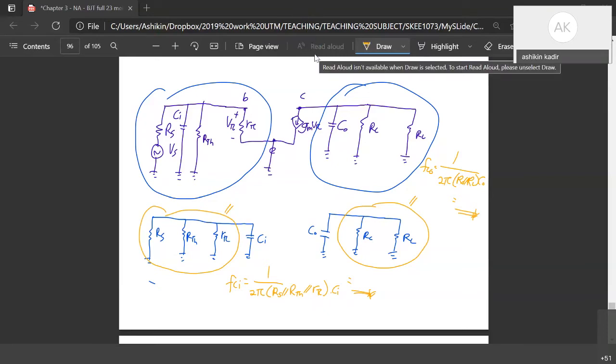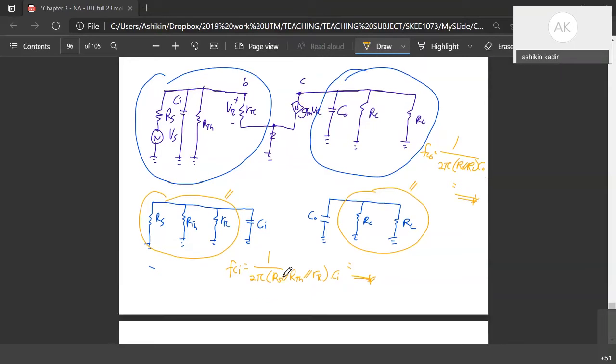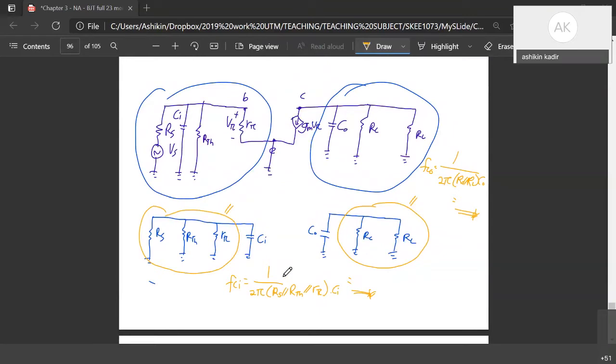Well, how much is your CI? CI equals C omega I plus C pi plus CMI. C omega I is 1 pico, plus C pi is 12 pico, plus CMI.